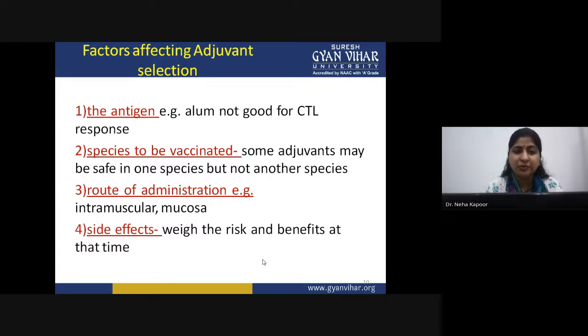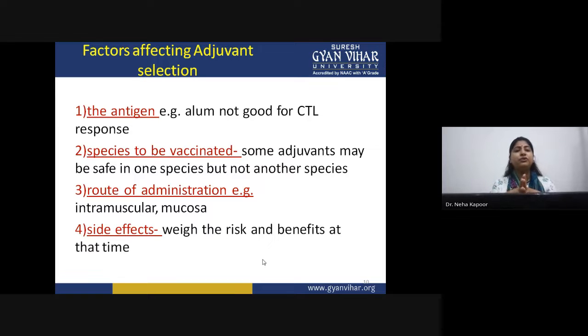Second is the species to be vaccinated, because some adjuvants are found to be safer in one particular species, but they are not safe for another species. So the species to be vaccinated is another important factor. Then is route of administration.